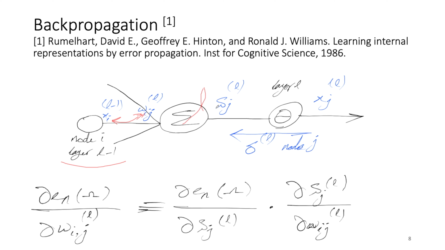You compute the S_j of L, and then you apply the activation function, and then it's going to pass it to the next layer as x_j of L. So now, when we found the gradient using the softmax or any of the things at the very end, we want to come back and calculate this amount for every node j we had. So let's start seeing what exactly this is.